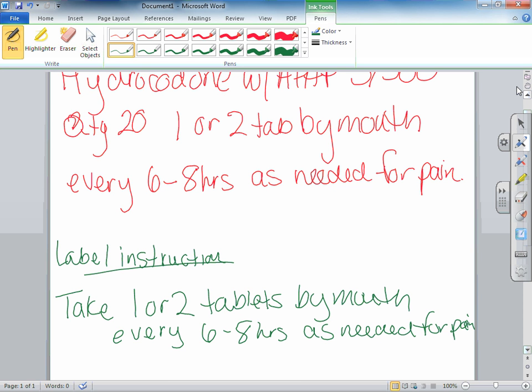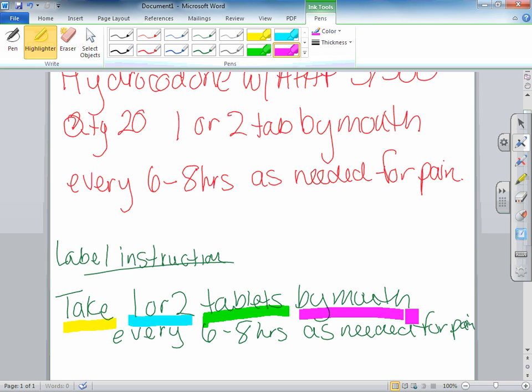But my label instructions are different from my prescription interpretation. My label instruction is me providing a complete sentence for the SIG code for the patient to read. It's for them to understand. So you have to have a verb, which is my take. I have to have a dose. My dose is 1 or 2. My dose form is tablets. My route of administration is by mouth. My frequency is every 6 to 8 hours.